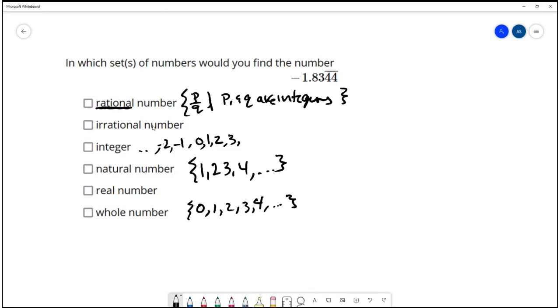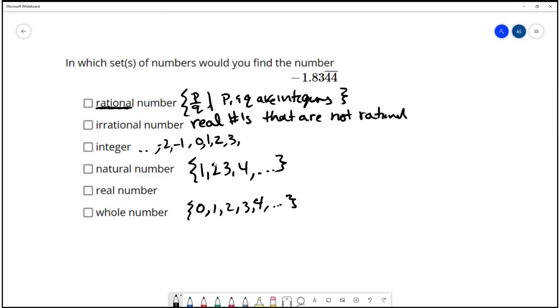Then irrational numbers are all the numbers that are not rational. So these are the real numbers that cannot be written as fractions. The real numbers that are not rational numbers.